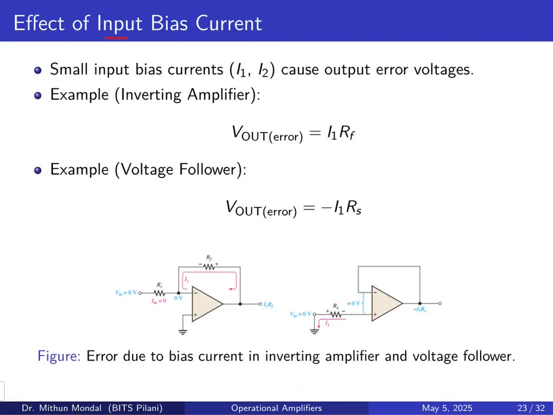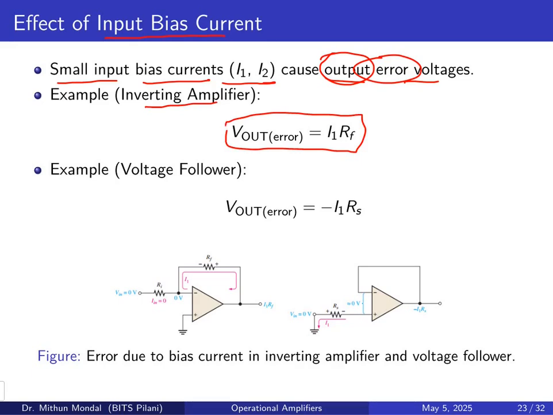What is the effect of the input bias current? So we have seen the current at the terminal inverting and non-inverting, which are known as the bias current. A small amount of this current will cause the output error voltage. So if you have the bias current, the output will produce an error. For the inverting amplifier, this output error is I1 into Rf. For the voltage follower, the output error is minus I1 into Rs.